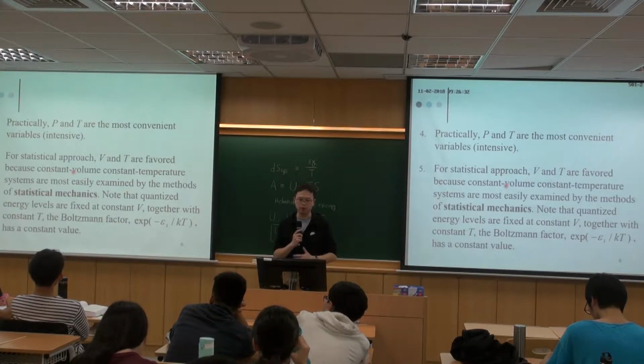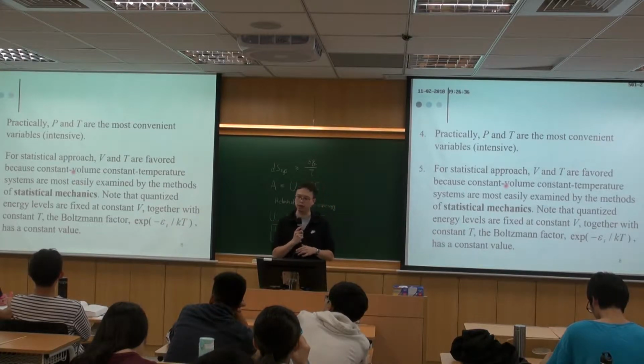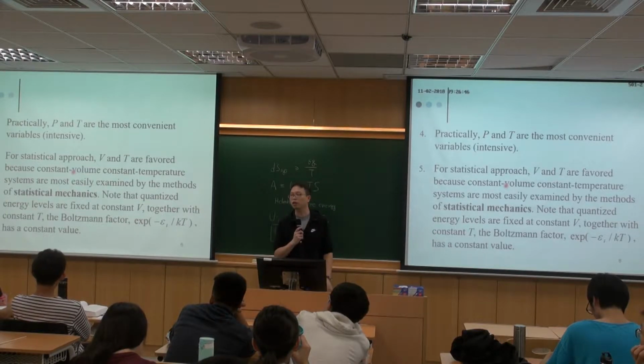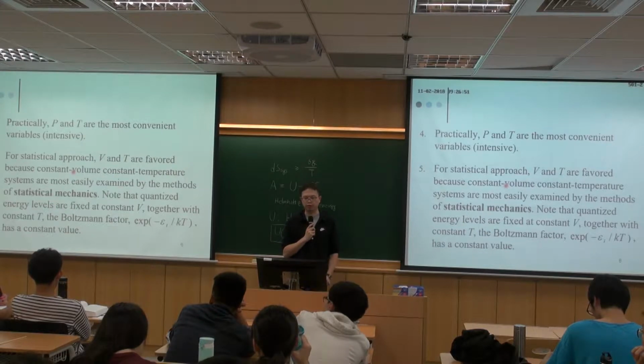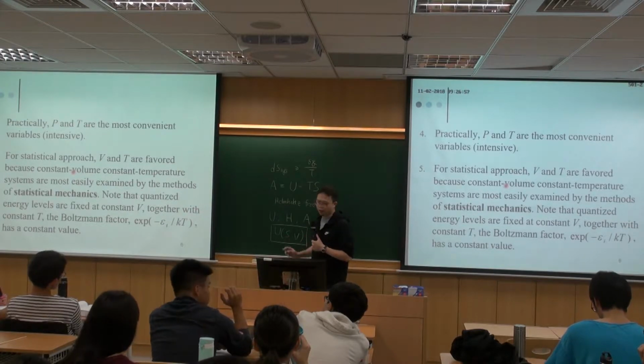If you still remember, during the midterm exam, I asked you what are intensive variables and what are extensive terms. Since pressure and temperature are both intensive, once you measure them, they are independent of the size of the system. So those are much easier to measure. If you're trying to measure, for instance, entropy, we know that this is a size-dependent variable.